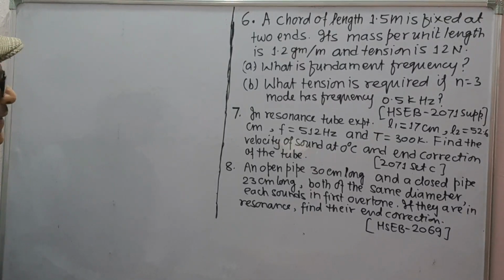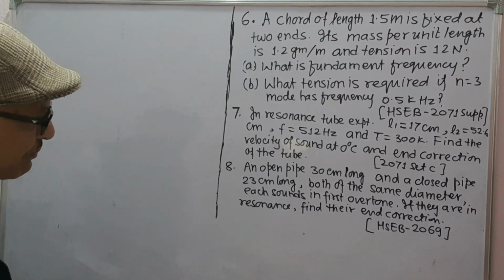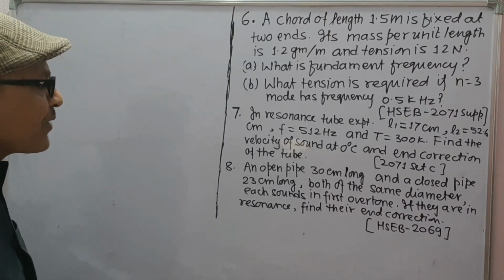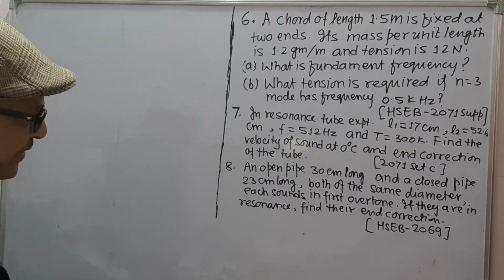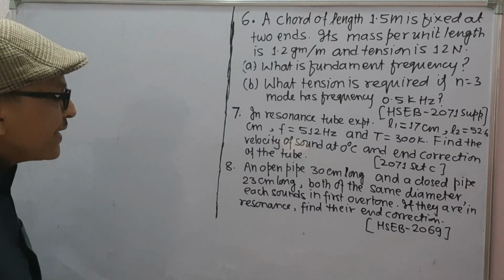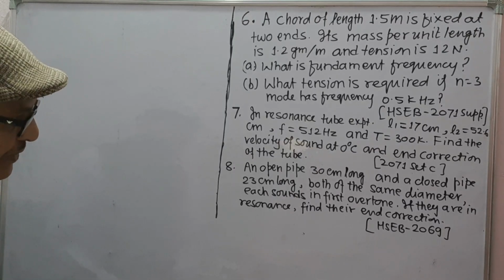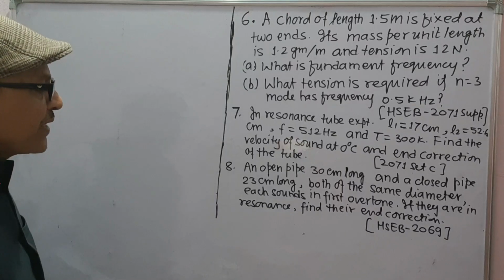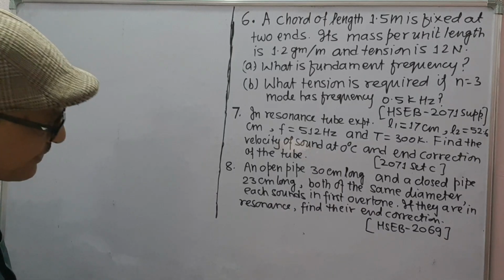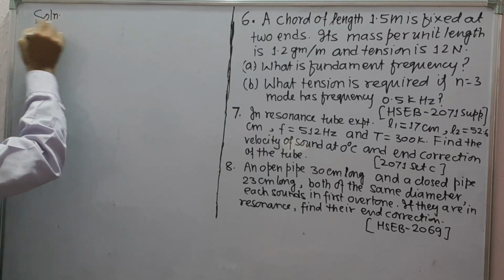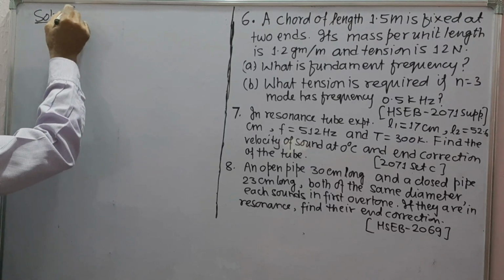Next question number 8. An open pipe 30 cm long and a closed pipe 22 cm long, both of the same diameter, each sounds in first overtone. If they are in resonance, find their end correction. So, solution to question 8.